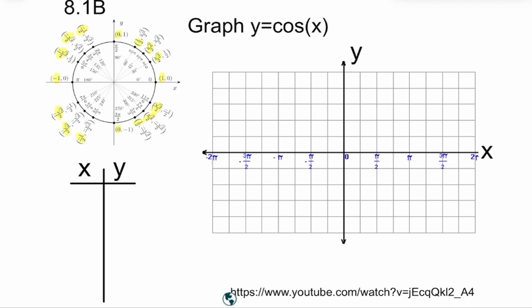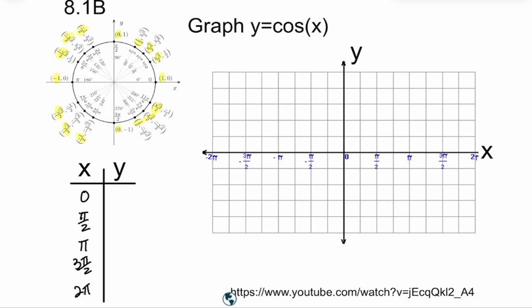So when I go to graph a sine or a cosine, I'm going to give you the 5 quadrantals: 0, pi over 2, pi, 3 pi over 2, and 2 pi. Those are my go-to 5. So I always do 5, but I have to keep in mind that it is a wave that is repeated far to the left and far to the right.